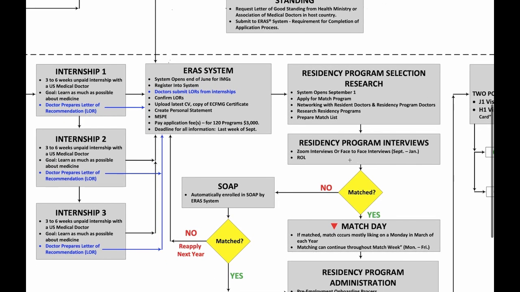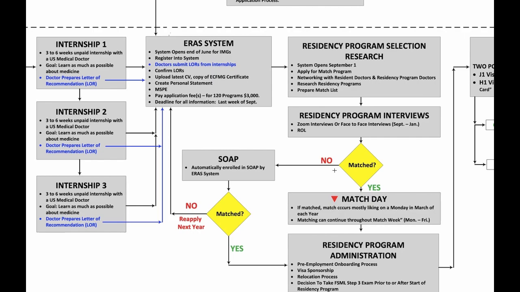You will see tons of information regarding this process, but the main idea is to have your interview time from September of the year that you are applying to January of the year that you are applying. After that, what you're going to have is based upon how many interviews you have. For example, if you have 5 or 6, then you're going to do your ranking on the order list.